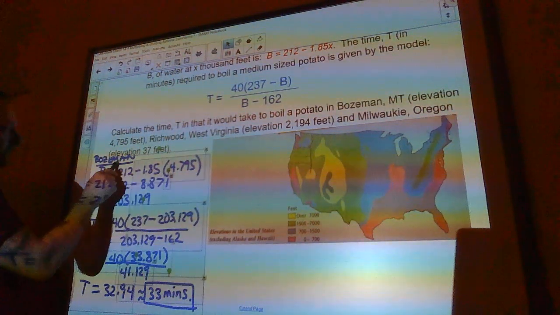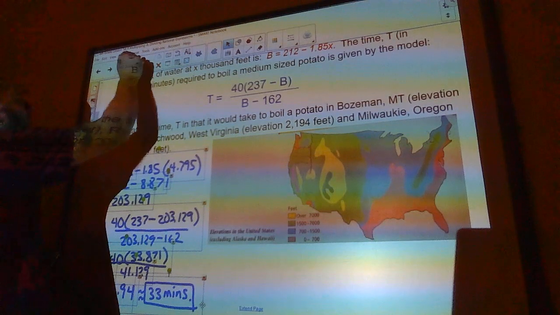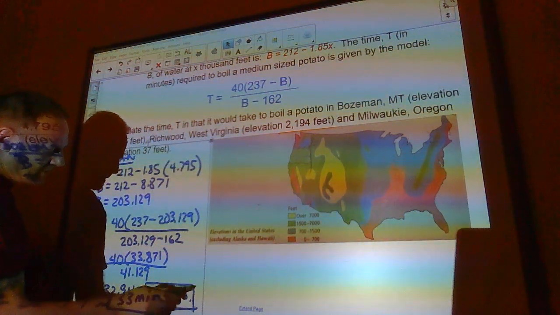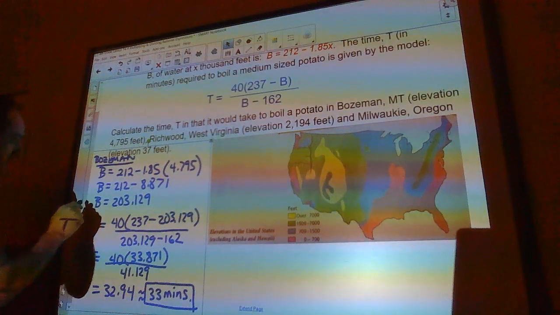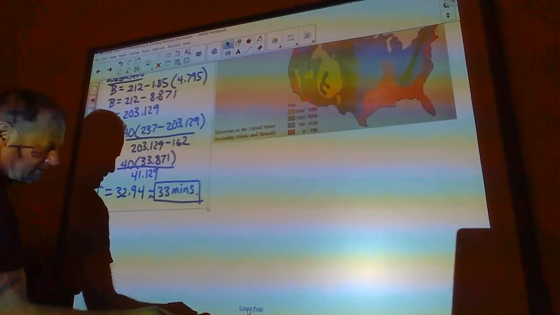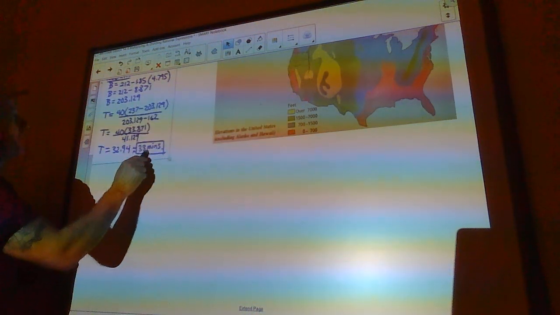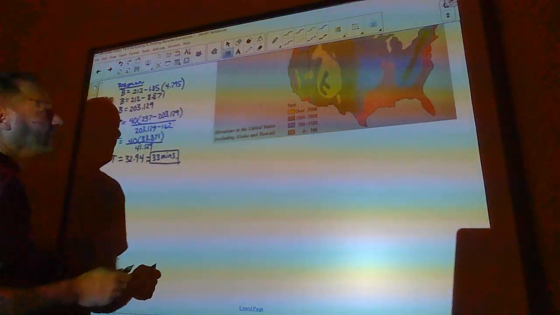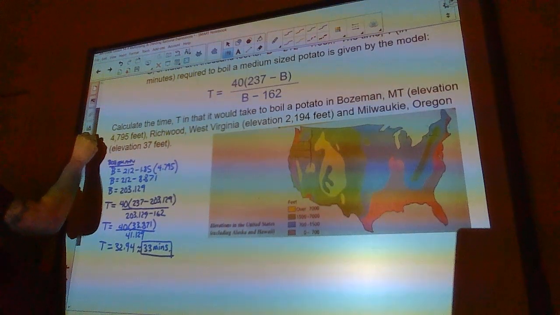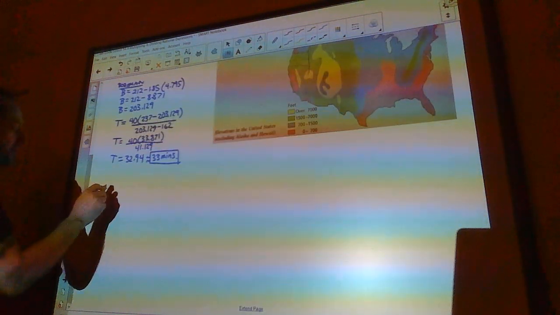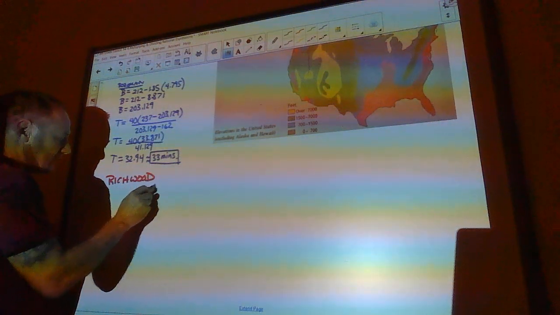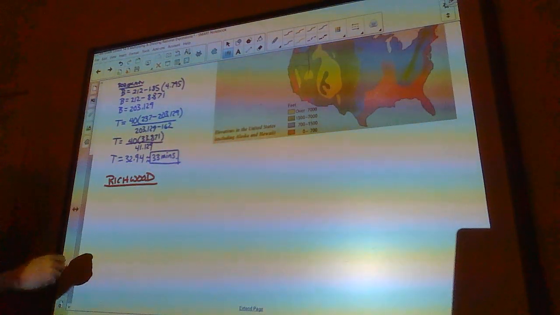So let's take all this right here. Let's group that up and shrink it so we've got a little bit more room right here. All right, there's Bozeman. Okay, what was the town? Richwood. So Richwood. Okay, we've got to calculate B again.